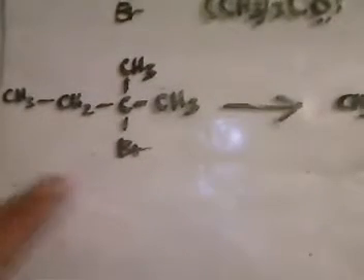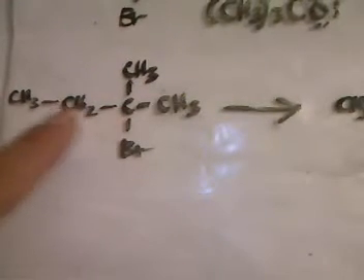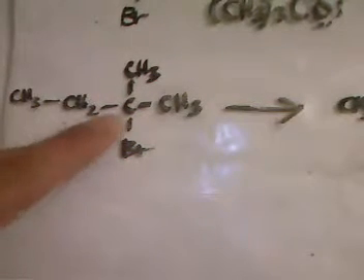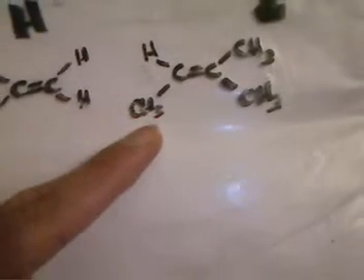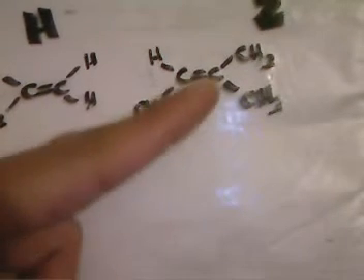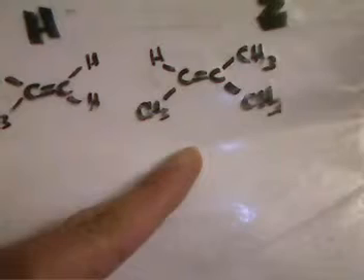The other product that results from the elimination of this alkyl halide would be if the double bond is made between these two carbons, if one of these hydrogens is removed, and that would be the Zaitsev product. It would be a tetra-substituted, internal alkene.